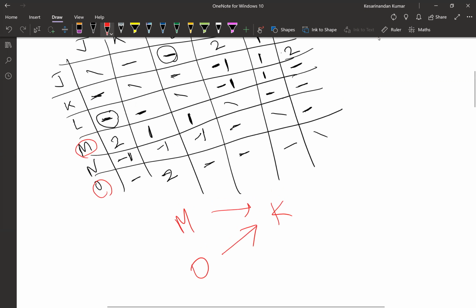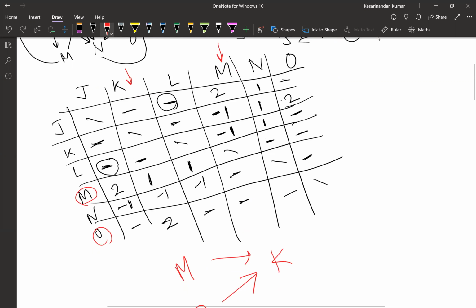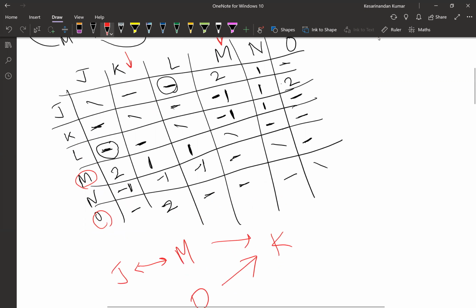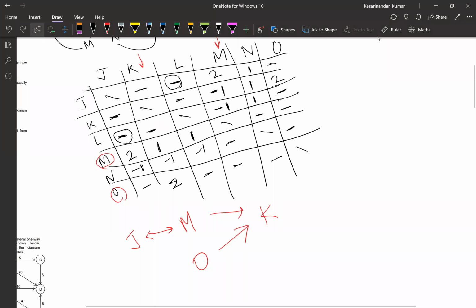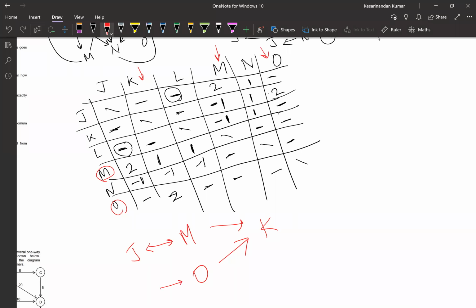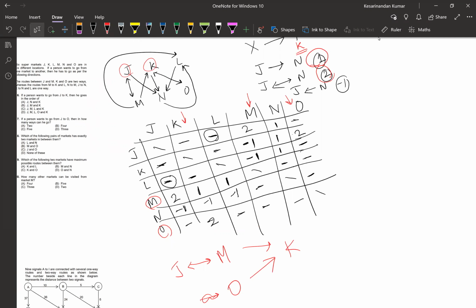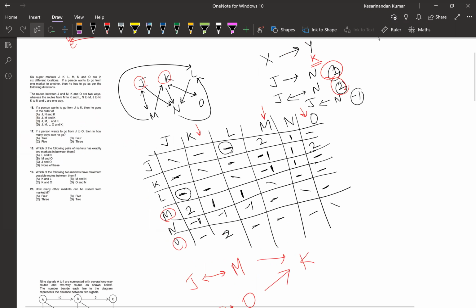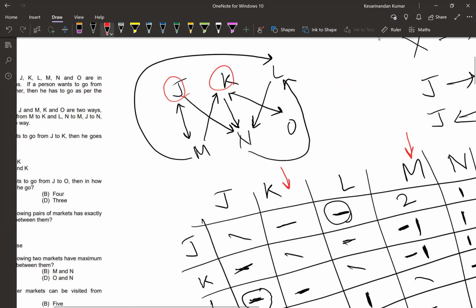How can you reach M? You can reach M by J. And how can you reach O? You can reach O by only one thing, K itself. There's no other way of reaching O. So it totally boils down to the second option, J, M and K. Is the logic clear, guys?